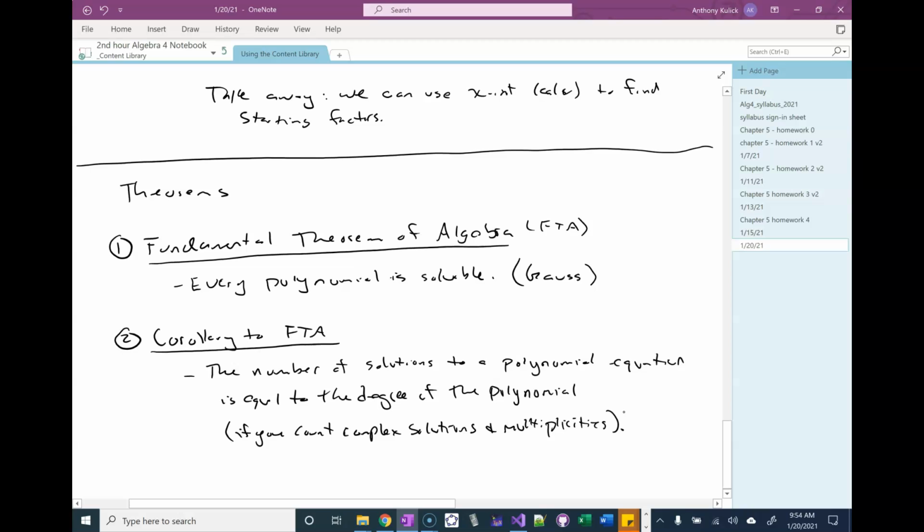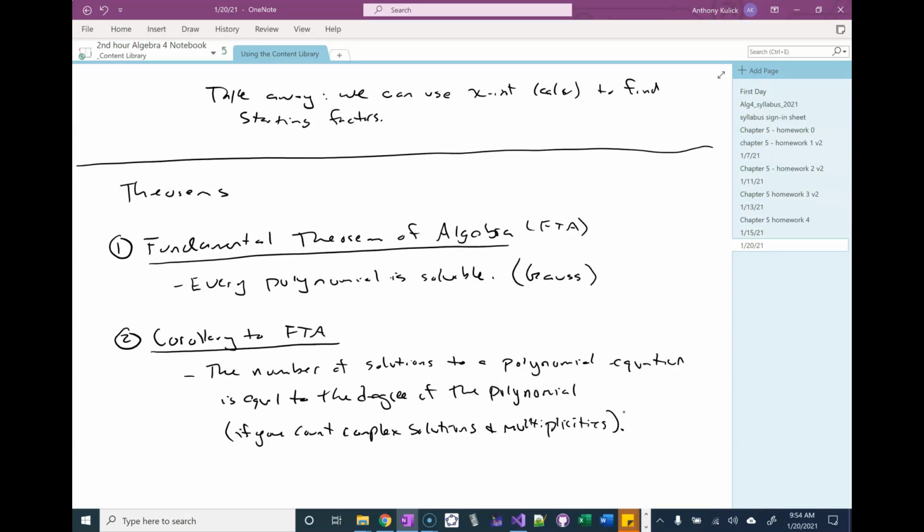And the corollary here says the number of solutions to a polynomial equation is equal to the degree of the polynomial. And then I have parenthetically saying that as long as you're counting all the complex solutions and all the multiplicities.